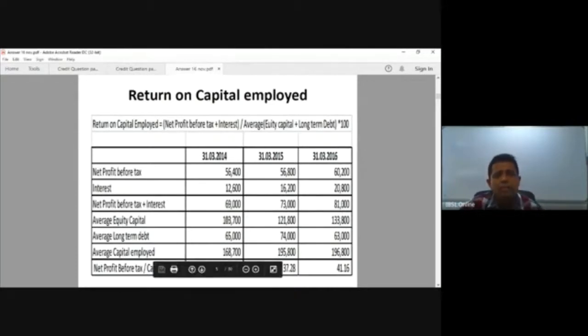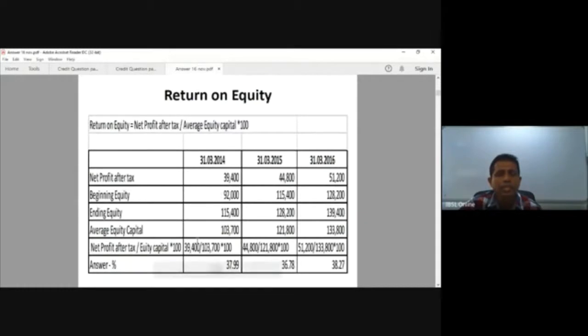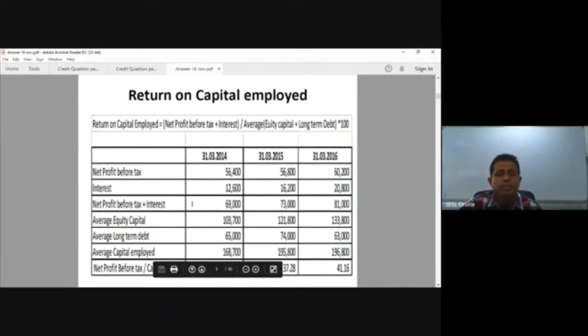Average equity capital we have calculated in the previous slide, right here. We took that figure directly to this slide also, average equity capital.